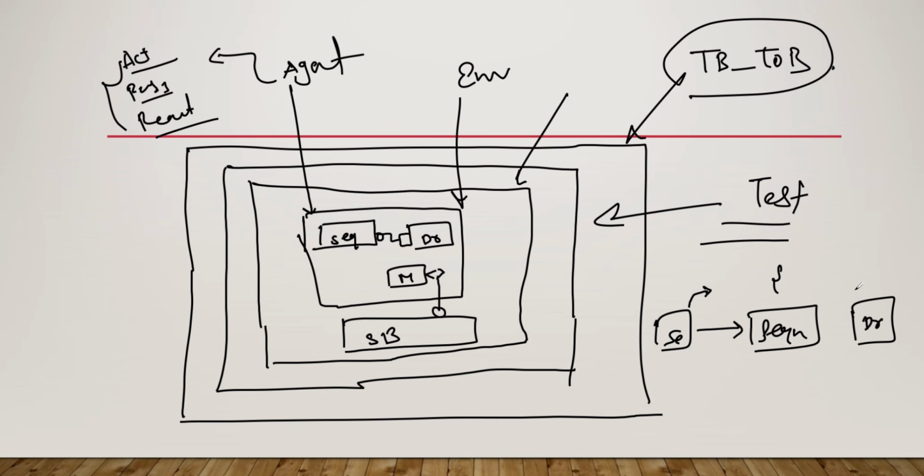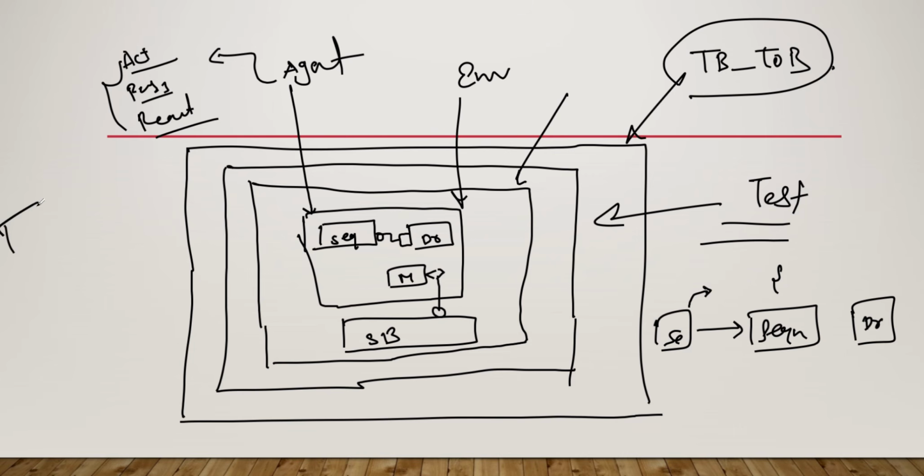Now from the driver you are going to drive that data. In the monitor you are going to sample that data. In the scoreboard you are going to check whether you are getting the correct output or not. For that we are going to make one more component or file, the reference model.